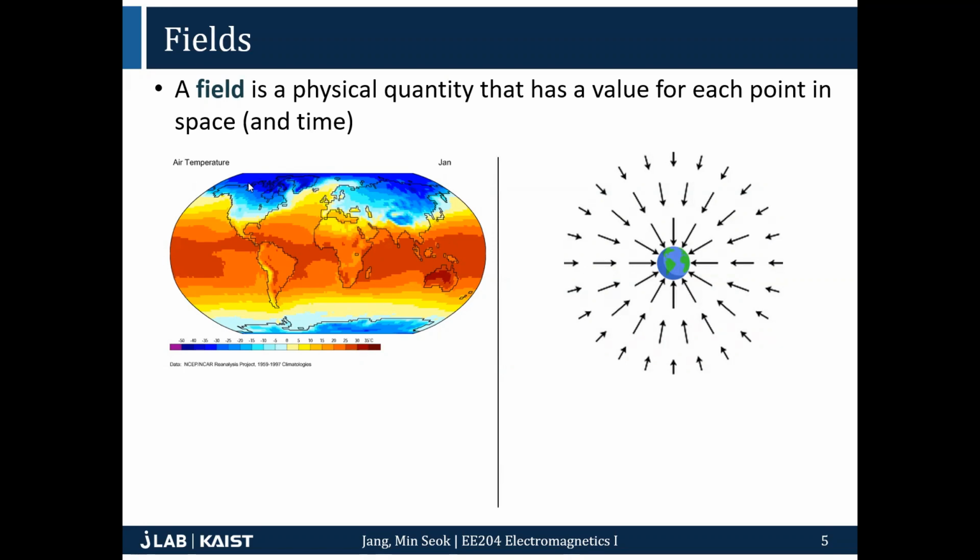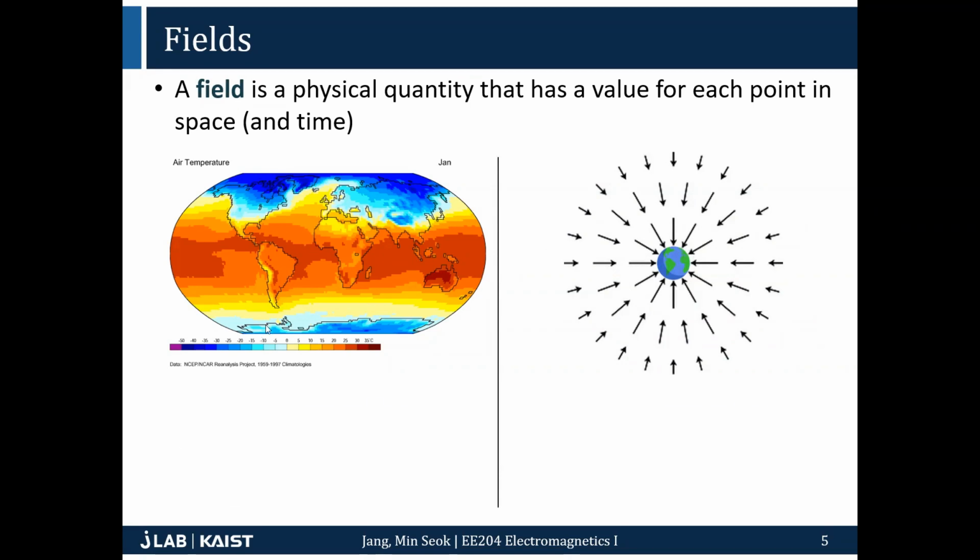This is a map of the Earth, and at each point in space, temperature is defined. So in that sense, this is a temperature map. And if you have, say, the Earth here, and you want to know the gravitational force around it, the gravitational force has a direction and also a magnitude at each point in space. So in that sense, this is a gravitational force field.